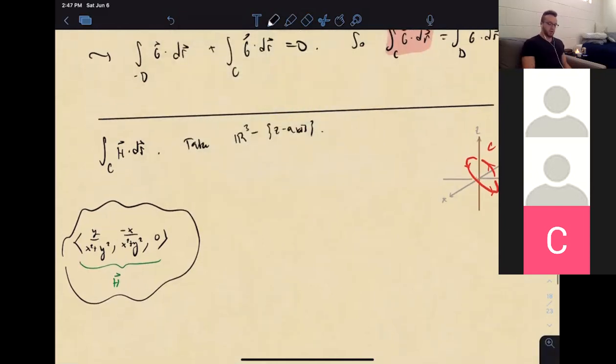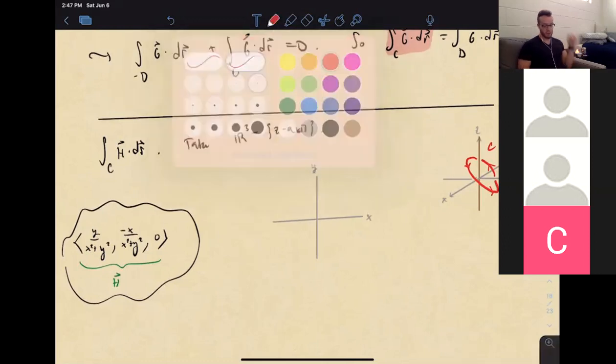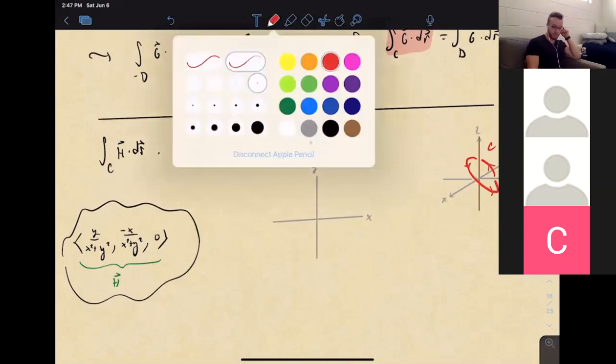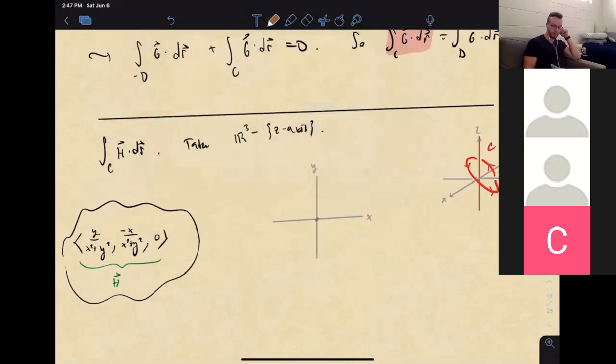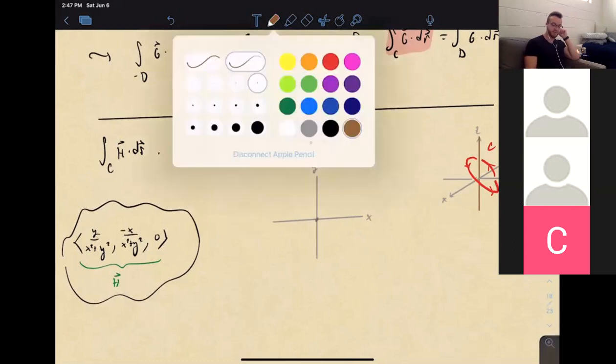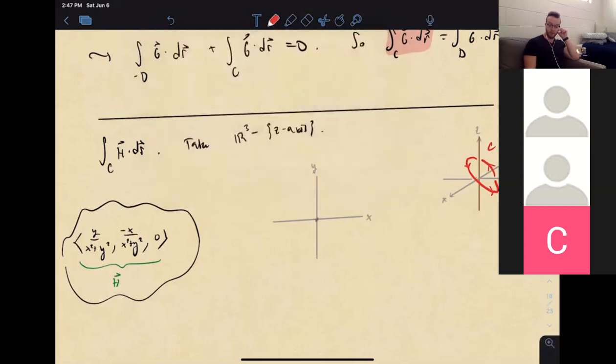So I'll project this picture again. I'll draw a two-dimensional version. There's nothing interesting happening in the z direction, so all I really care about is what's happening in the x and y direction. And if I project the picture, what would I see? Well, I'd have this hole at the origin that represents the z-axis. And then what would the curve look like? This is going to look counterclockwise again, right?